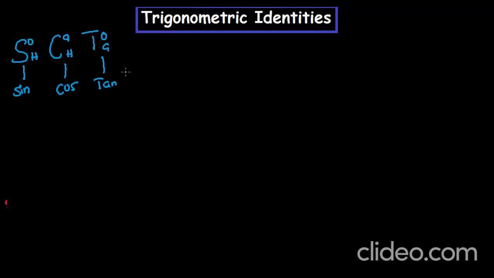So the next thing you need to do in order to bring down your trigonometric identities, that is the formulas, let's arrange it this way. Let's say sine, cos, and tan. If you notice, this is the same arrangement: sine, cos, and tan. Next, write CSC.